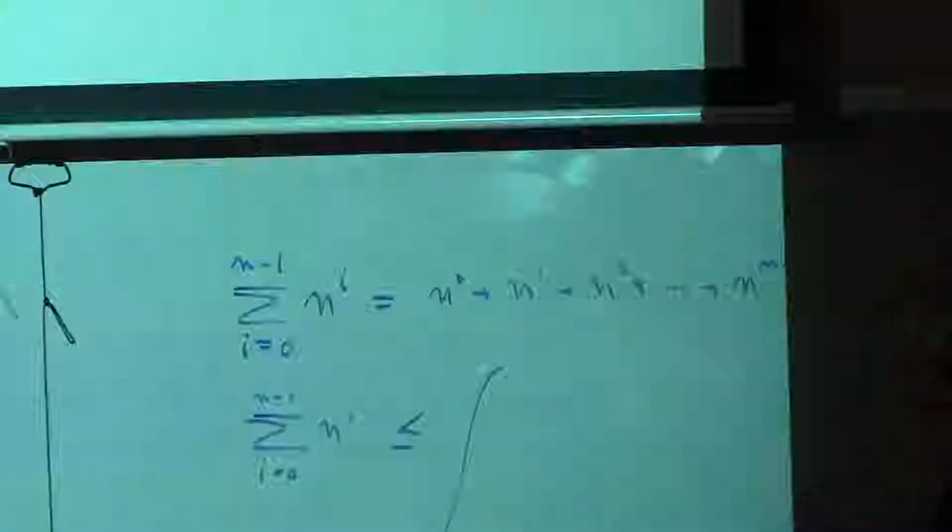And so what we can say is that this summation, as i goes from 0 to n minus 1 of n to the i, would be less than or equal to, now we can put an integral into here. Because sometimes some things may be easier to integrate than to try to find the discrete values.